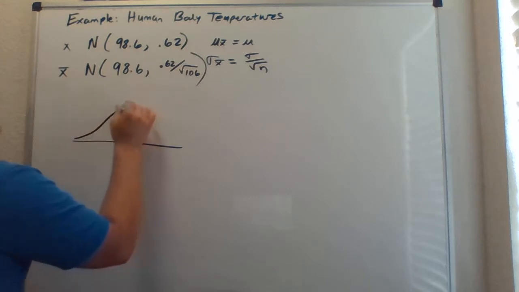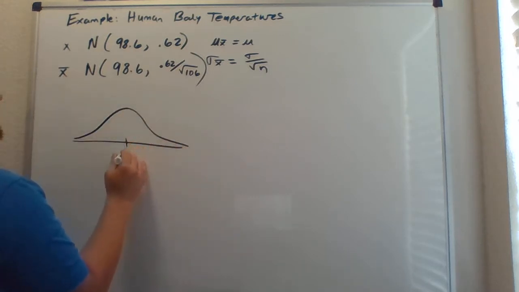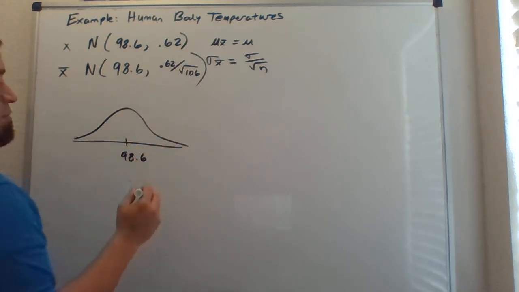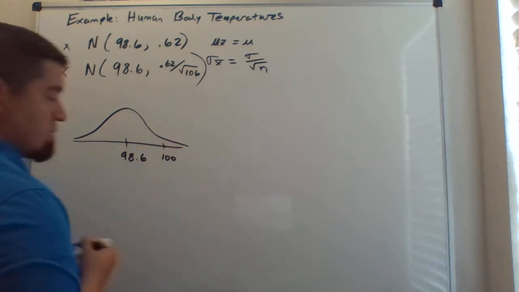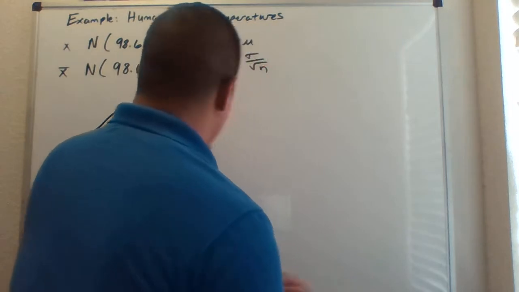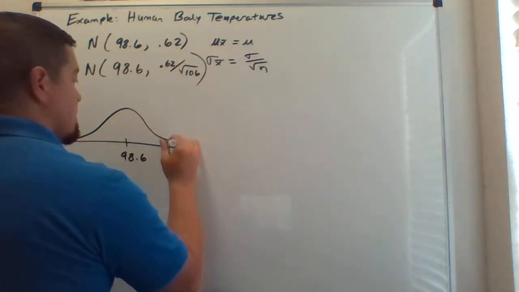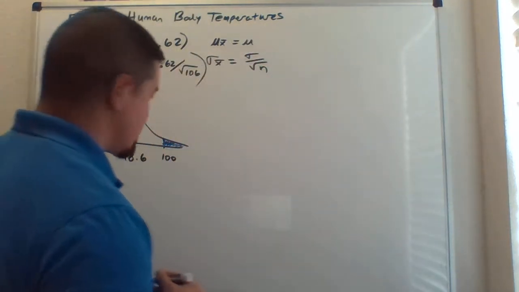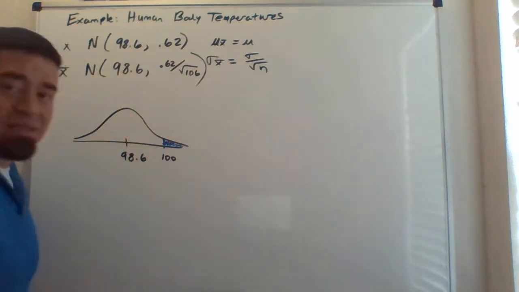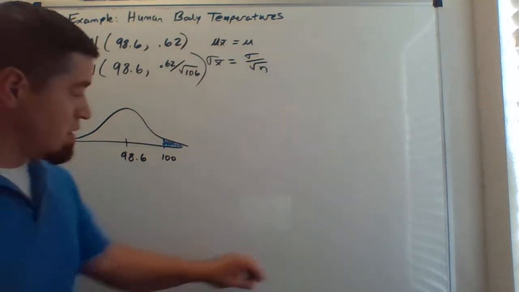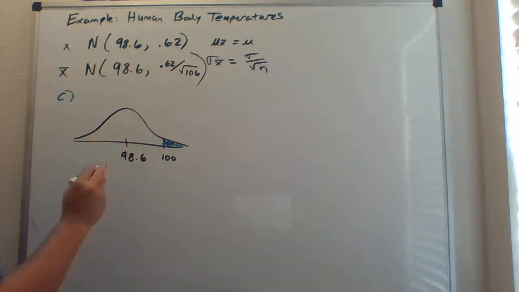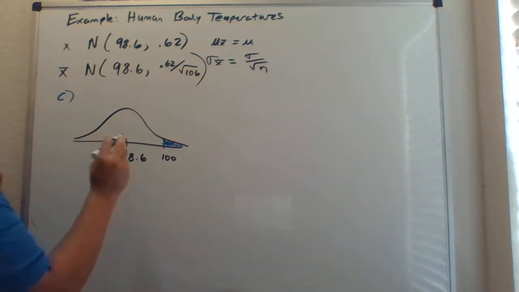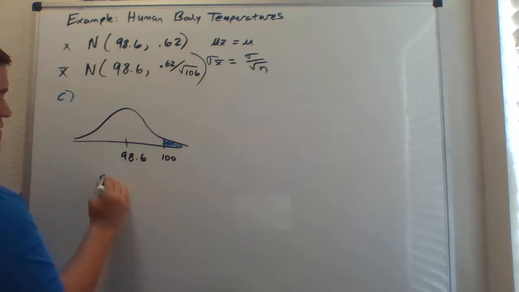So I'm going to draw my picture. The mean is 98.6, and I'm interested in the probability that some randomly selected person has a temperature higher than 100. Okay, a randomly selected person, temperature higher than 100. So I'll call this problem C on that set. In this case, I would do normal CDF again.